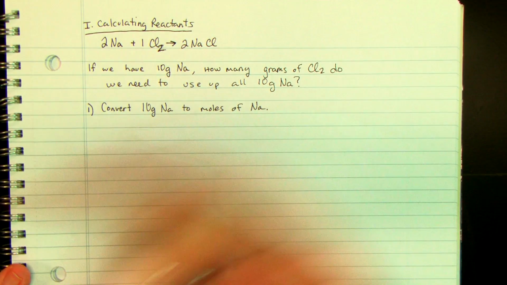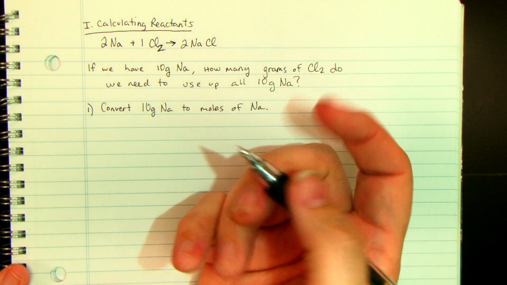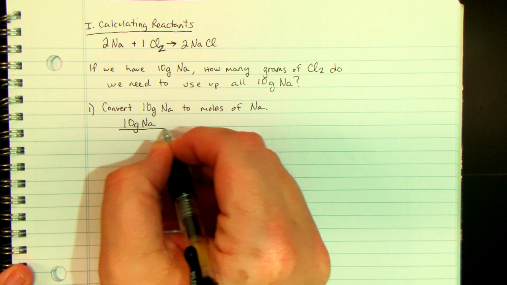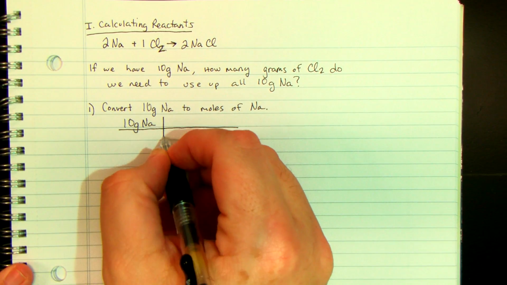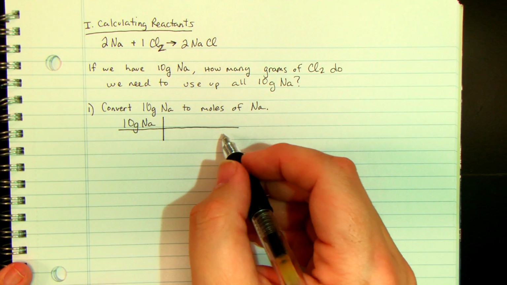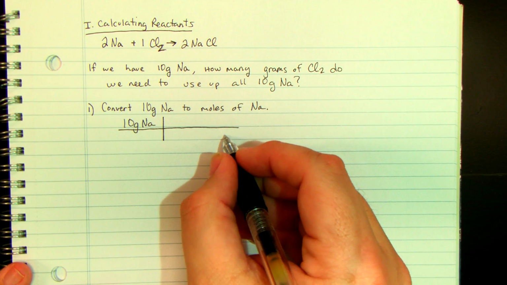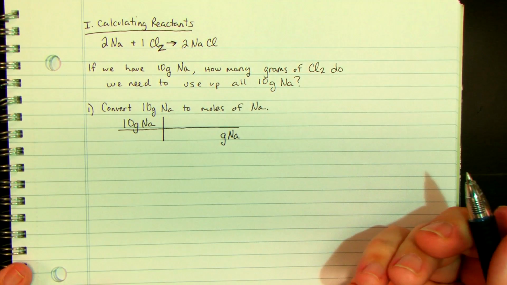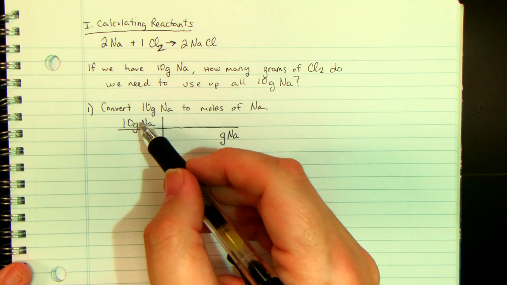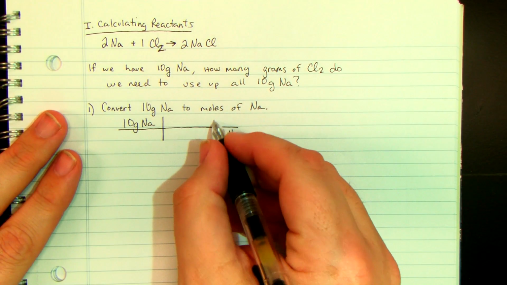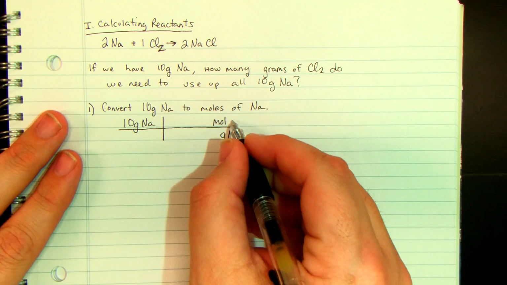Now, we need to do that unit analysis stuff. So I get 10 grams of sodium. Now, what goes in the bottom and what goes in the top here for the second part? All right, just doing the unit analysis part of it. If I have grams up here, I need to divide out the grams. I need to get rid of them, and I need to figure out what the moles of sodium are.